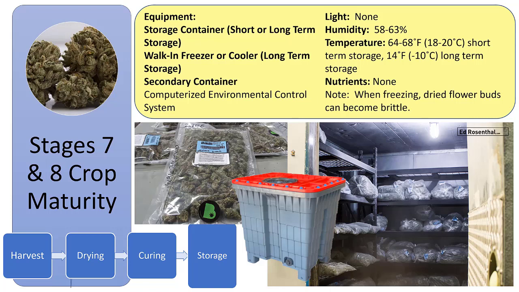The center one is just a plastic container that would go in a freezer, because the picture on the right is not an ideal storage method, because the buds get really brittle, and if they're stacked like that, they'll break. So you really want a secondary container, and a lot of people use vacuum sealing, and they don't stack them very high so the buds don't crumble up.